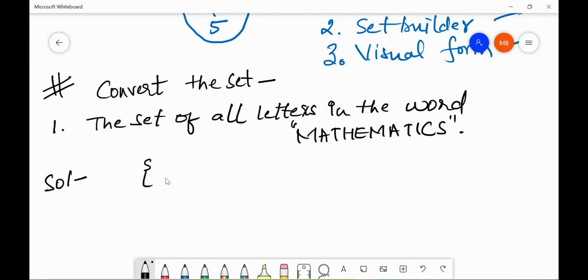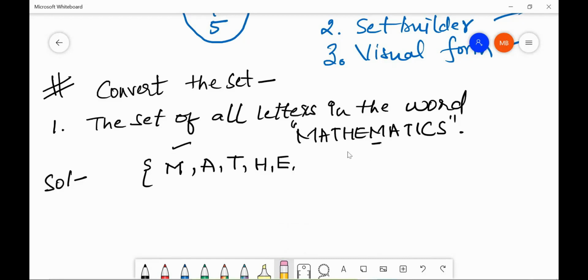I'll begin by making a bracket. M, obviously M, A, T, H. Just focus on the letters. E. Can I use M again? If I use M again, I already have used M once, so I go against the definition of a set, which says distinct elements. I cannot repeat elements.